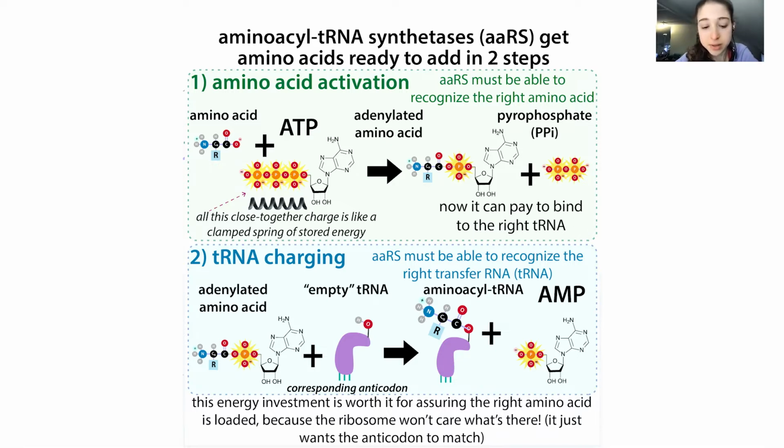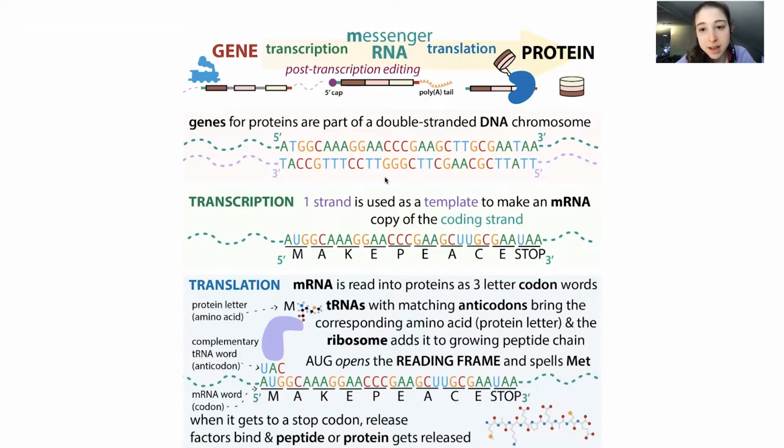And this is going to be done with the help of aminoacyl tRNA synthetases, which we'll look at, AARSs. And then the ribosome needs to be able to help facilitate the actual linking of this new incoming amino acid, incorporating it into the growing chain.